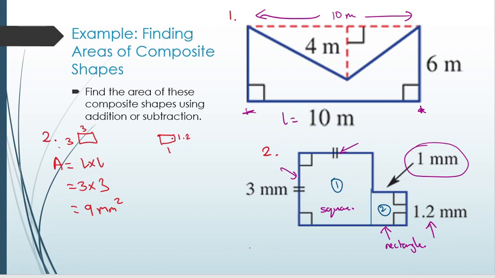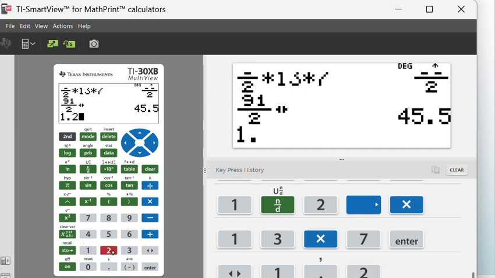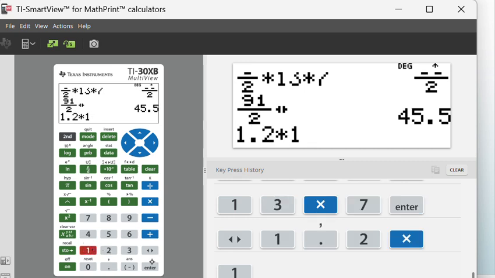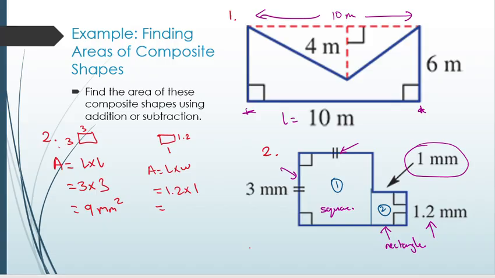It doesn't have to be accurate, but you get the idea. So the area of a rectangle is length times width. So I'm going to have 1.2 times 1. You have a calculator, so you can just do 1.2 times 1. That will give me 1.2. So it's just 1.2 millimeters squared. I didn't even need a calculator because anything multiplied by 1 is just itself.